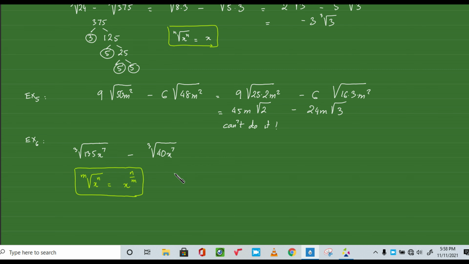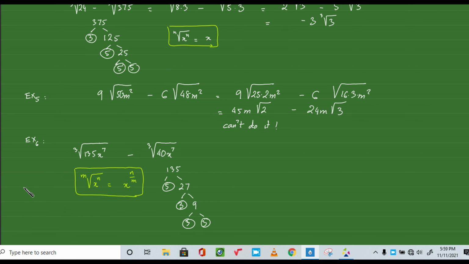All right, now 135, we can go ahead and factor it out. So it will be 5 times 27, right? 27 is 3 times 9, right? And 9 is 3 times 3. So we have 3, 3, 3, 5.